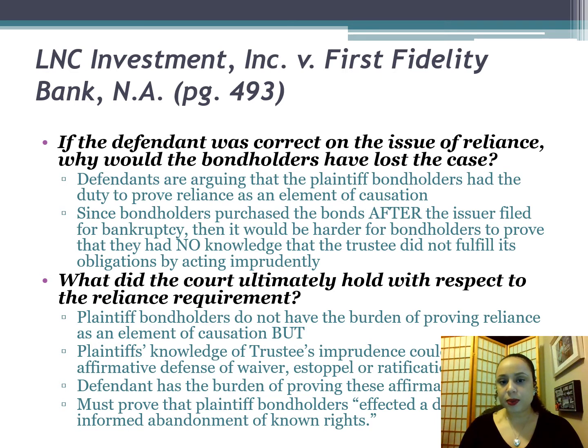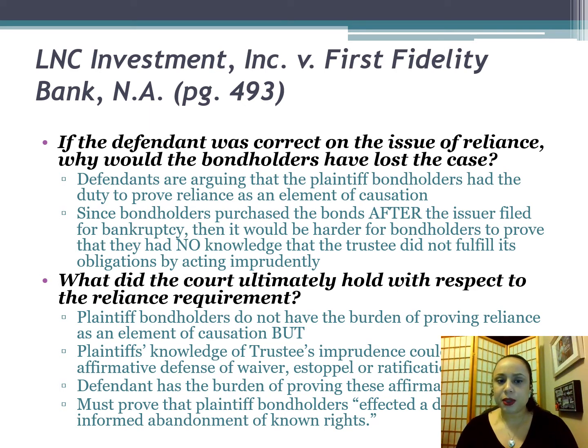Since the bondholders purchased the bonds after the issuer filed for bankruptcy, then it would be harder for bondholders to prove that they had no knowledge that the trustee did not fulfill its obligations by acting imprudently, right? If our bondholders are purchasing after bankruptcy, then perhaps they knew that the trustee was not acting in a way that was prudent, okay?